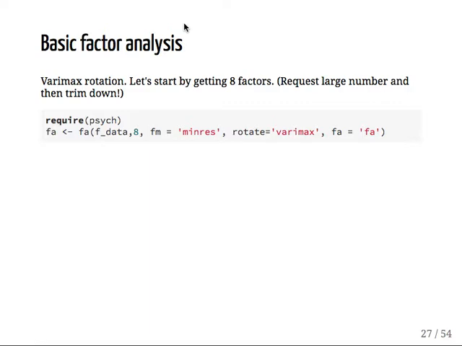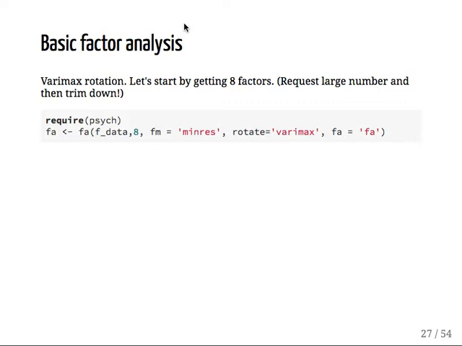So we use the psych package to do this. We say this is FA for factor analysis, the data we feed to it, and we're just going to start out by asking for a large number of factors. We're going to ask for 8 or 9 or 10, just a very large number based on our data set. And in this case, this is the factor method, the rotation, and the factor analysis. And this would be the bit you would be looking to change if you had to do PCA.